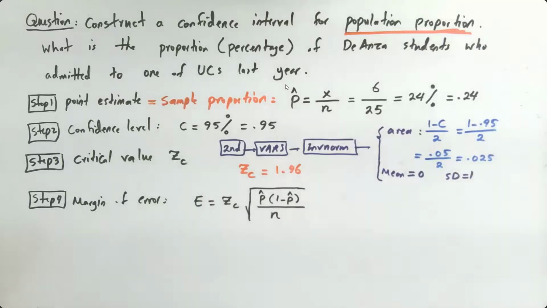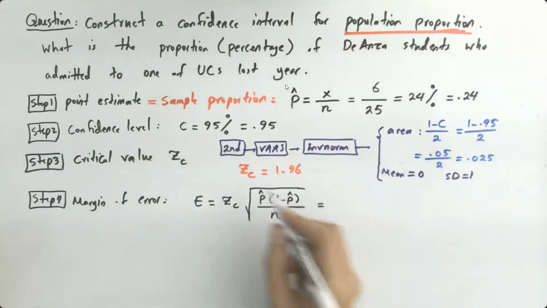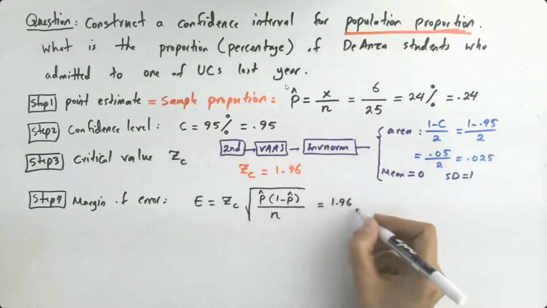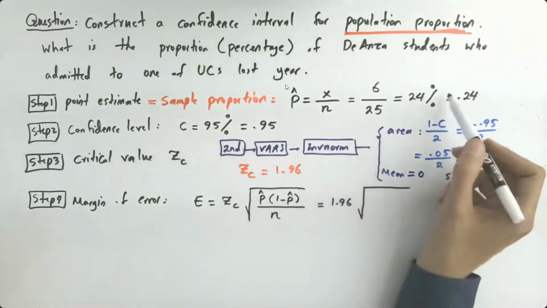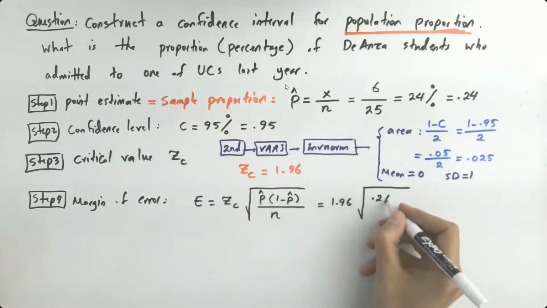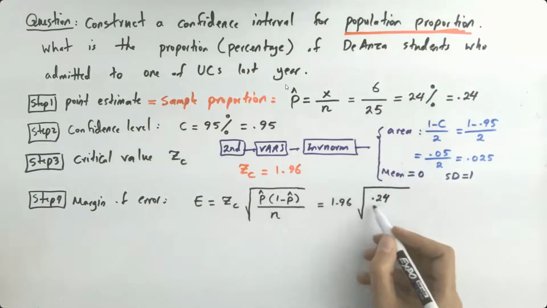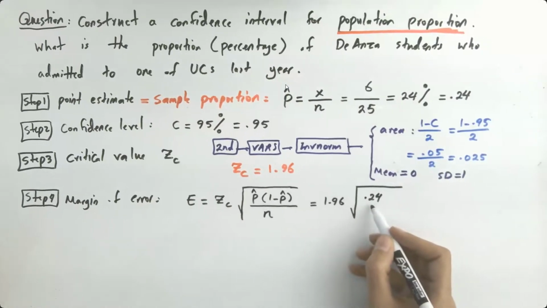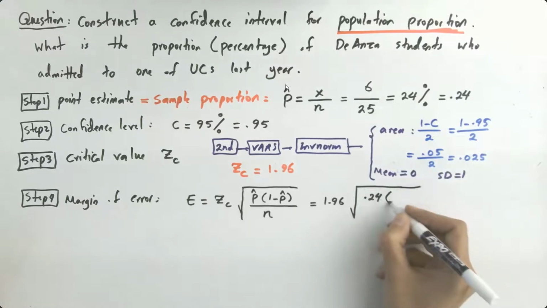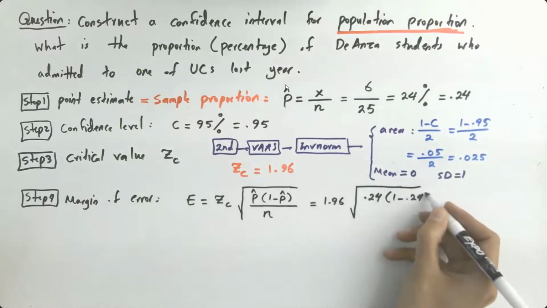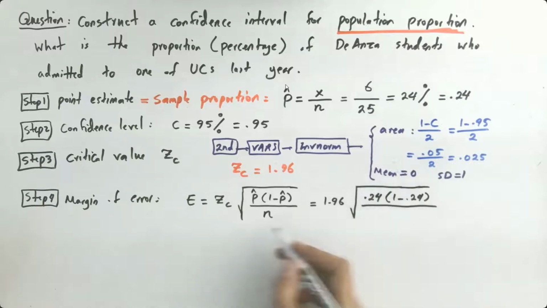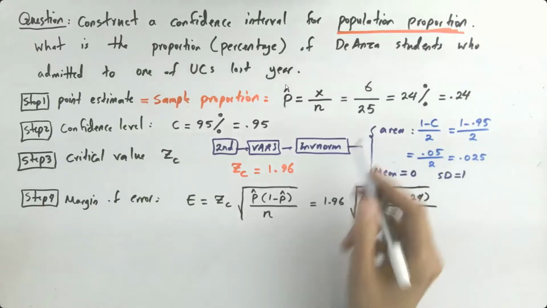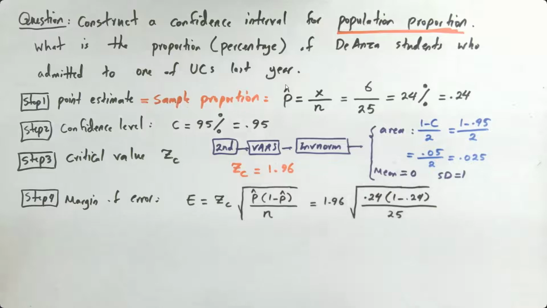Do I have all the information? Yes, of course. Z sub C is 1.96 times the square root of p hat is 24%, 0.24. Guys, don't forget to write down 0.24. It's important. Parentheses 1 minus 24% divided by n. How many students did I ask? I asked 25 people. Okay, let us do the calculation.